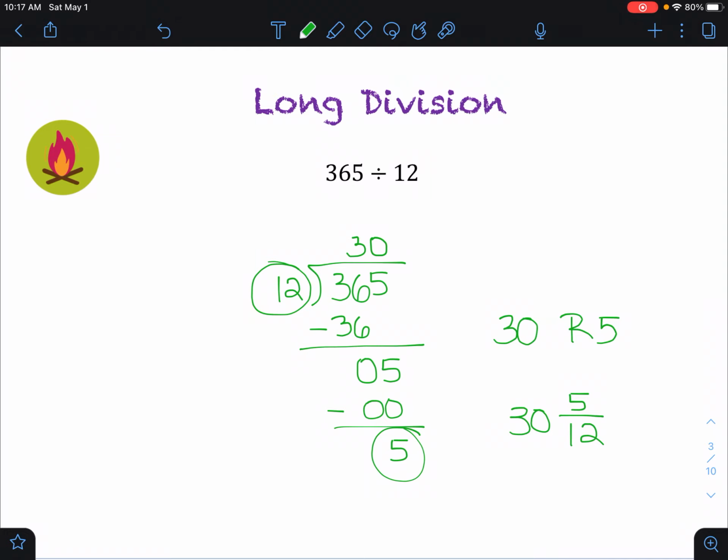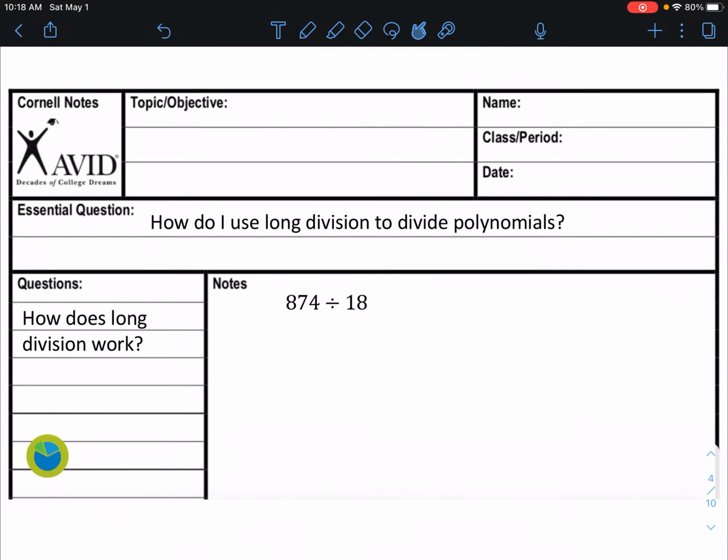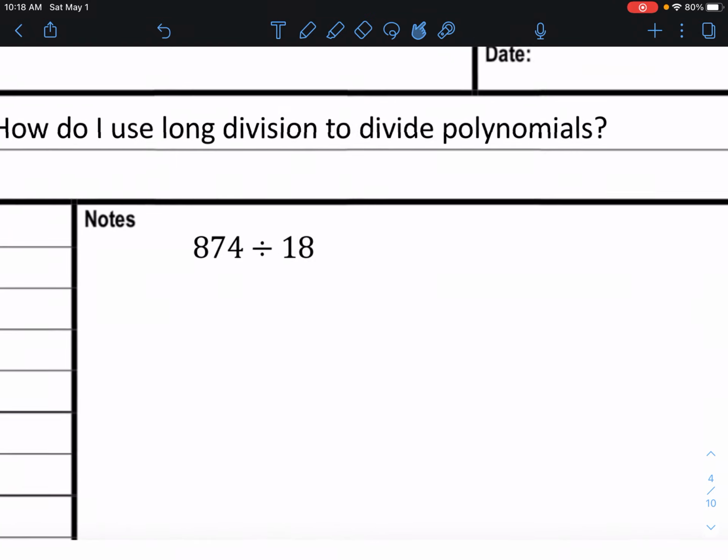Hopefully you remember that a little bit. So how do we use long division to divide polynomials? Let's just go through yet another one here to make sure that we feel pretty comfortable with long division, as it will come into play.